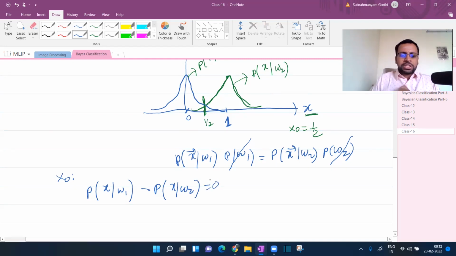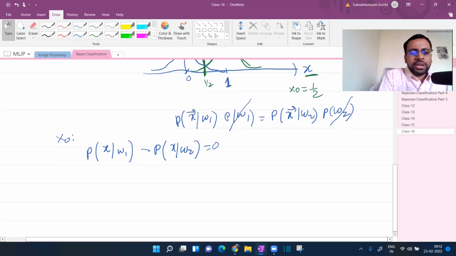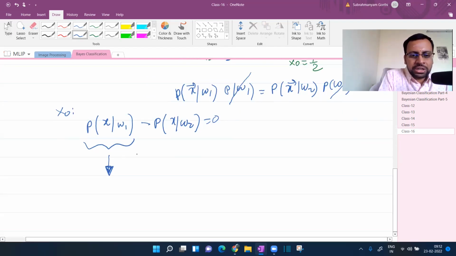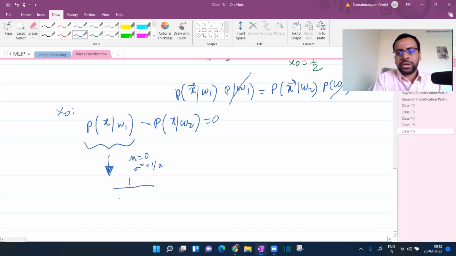I'm even dropping that bar there because it's a one-dimensional one. You tell me the equation for probability of x given omega 1. It's a Gaussian with mu equal to 0, sigma square equal to 1 by 2. Now you tell me, what is the equation for a 1D Gaussian?